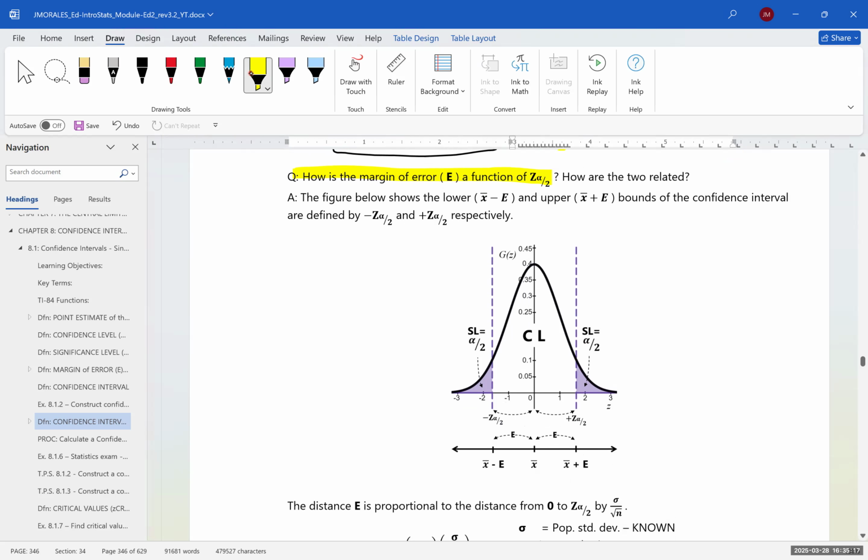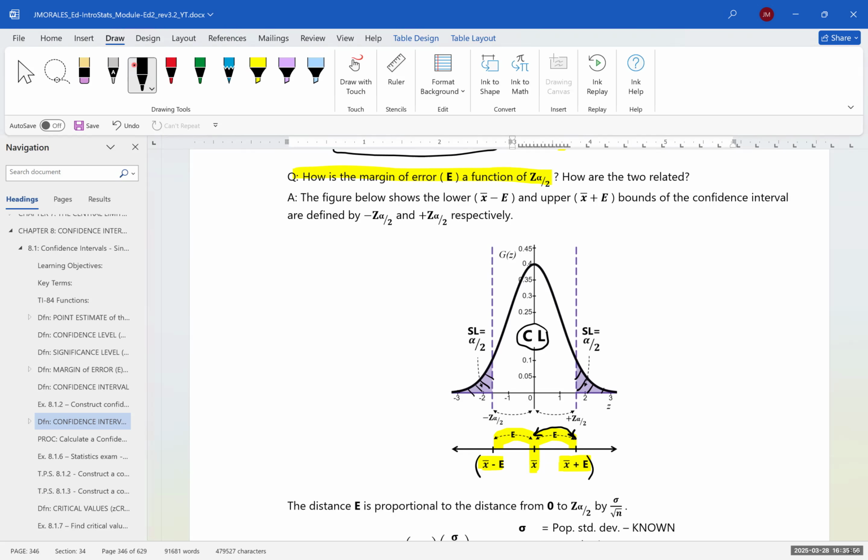Earlier, I think I showed this illustration where you have a point estimate in the middle, and then you add error to give you the upper bound for the interval, and you subtract error in order to get the lower bound for the confidence interval. Well, the error that you end up adding and subtracting is based off of the area in the tails or the area in the confidence level.